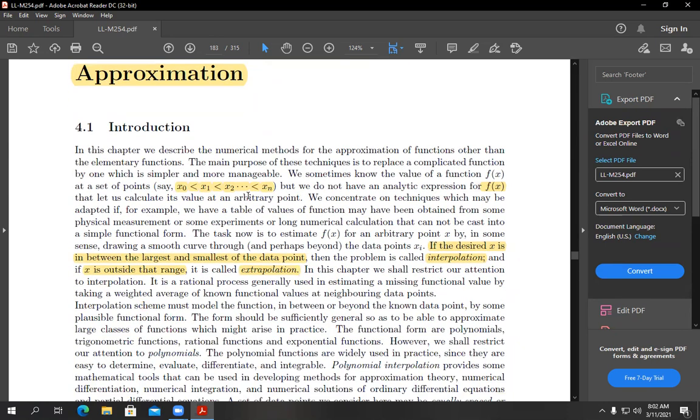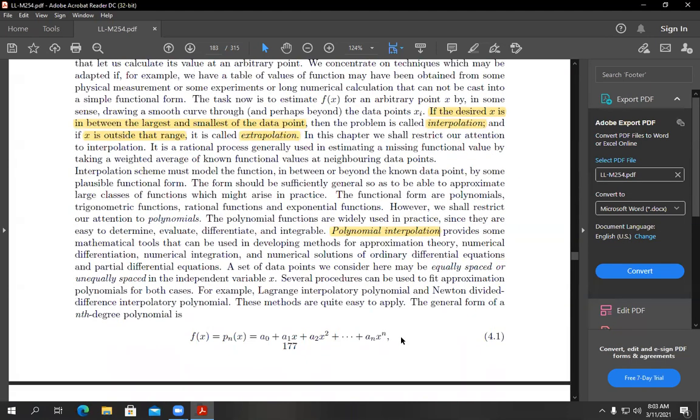Then we go further. As I said, we go for polynomial interpolation. As I told you, we use polynomial interpolation to find the approximation of the function at the given point. This is your polynomial equation of degree n, which we call Pn.